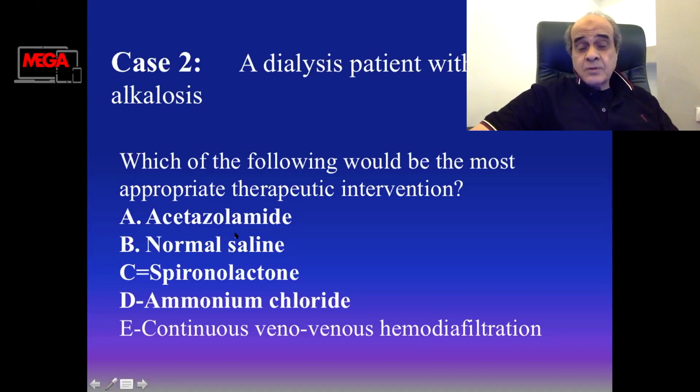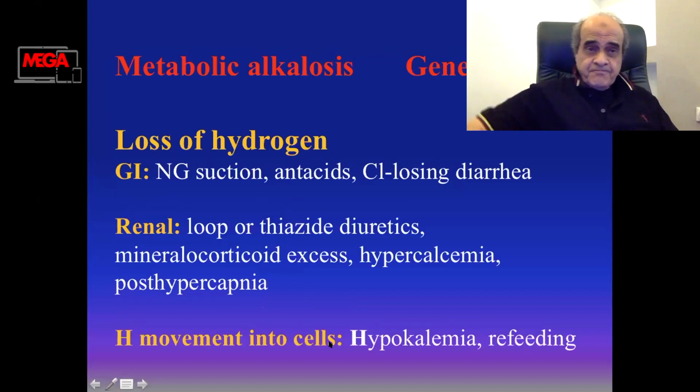I can't use normal saline because the patient will be hypervolemic. Spironolactone, you can use in patients exhibiting good renal function. So the only solution here is either HCl, which is not mentioned here, or continuous venovenous hemodiafiltration. This is the only treatment modality to be taken.